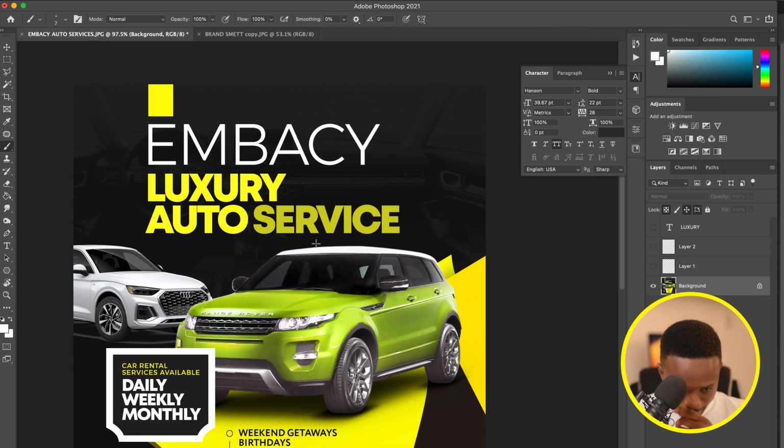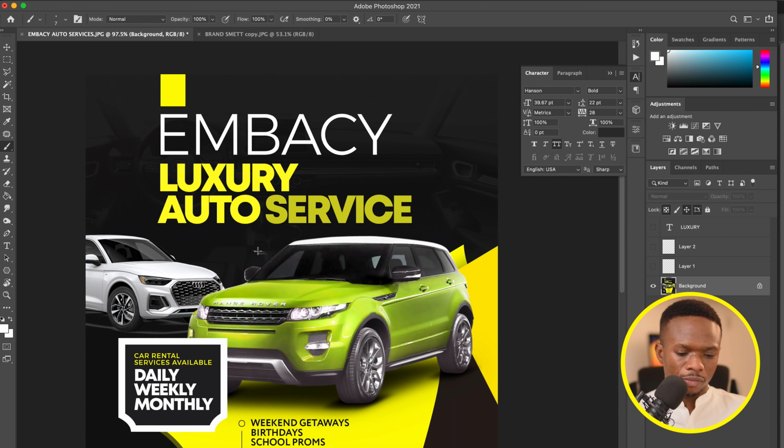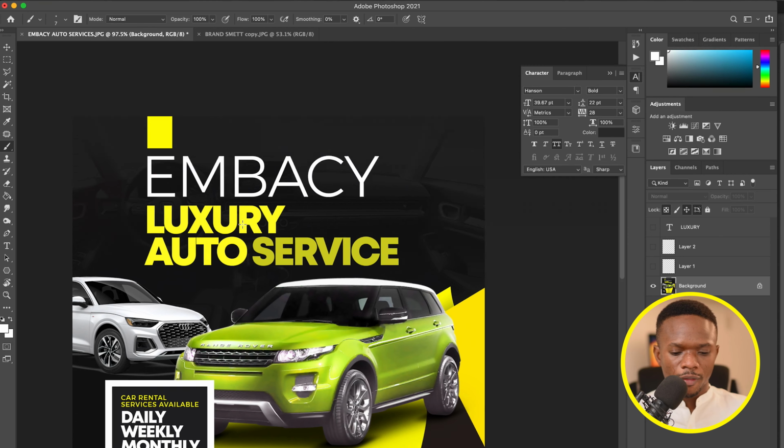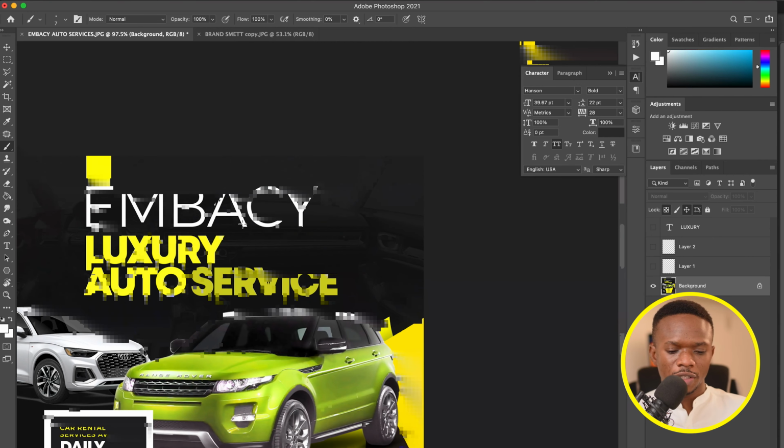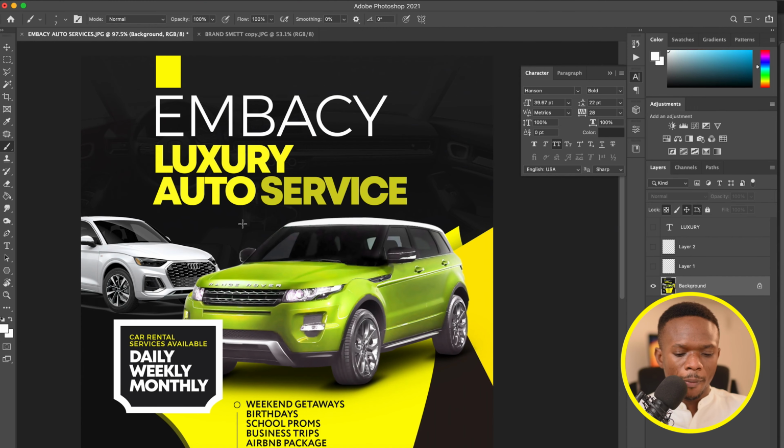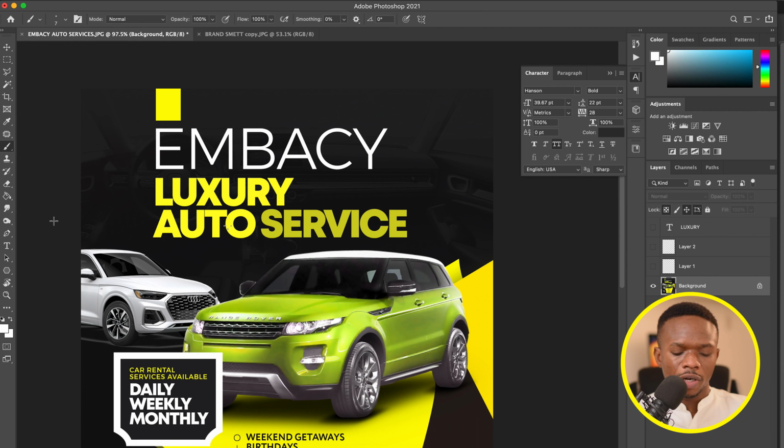Looking at this design again, the predominant color in the background here is black, and that's a highly contrasting color. So I make sure whatever text I'm writing on it is on the lighter side of things, so the design can be visible. When you make use of contrast in your design, it becomes more legible to pass your information.